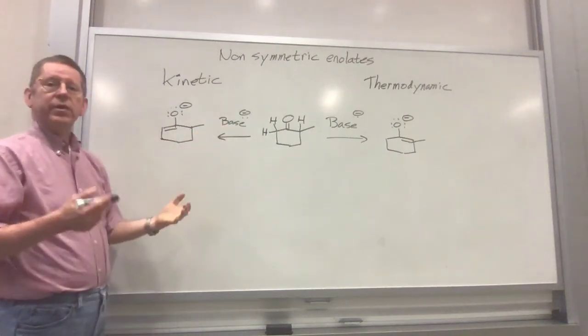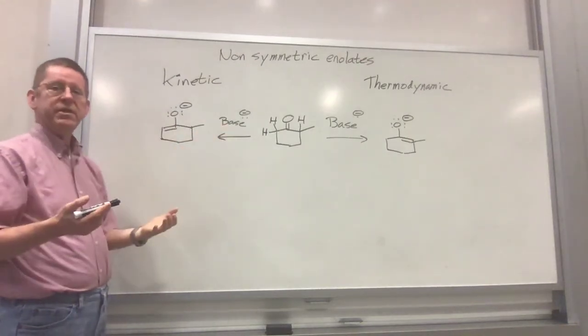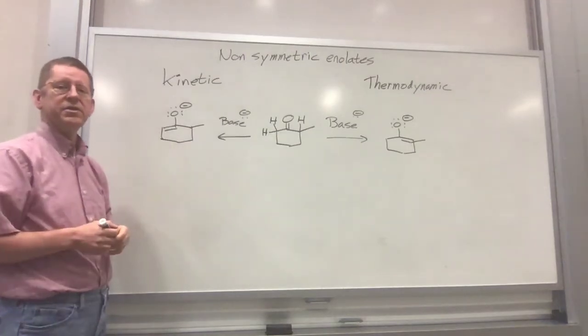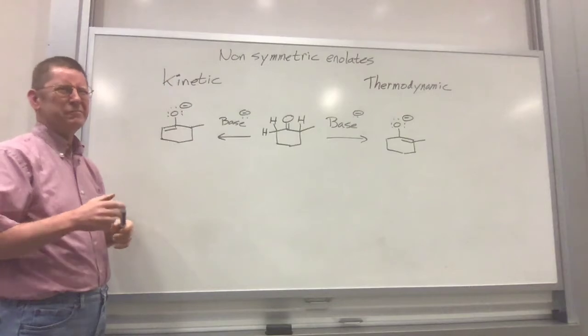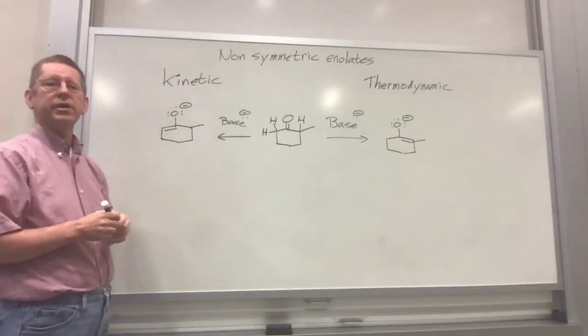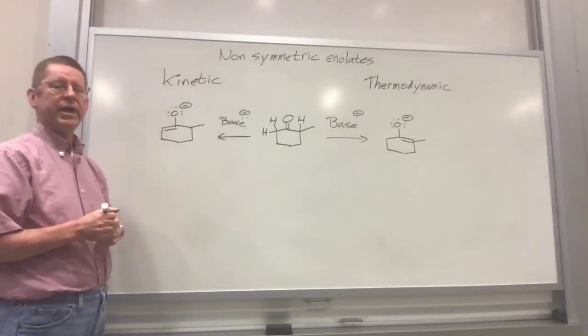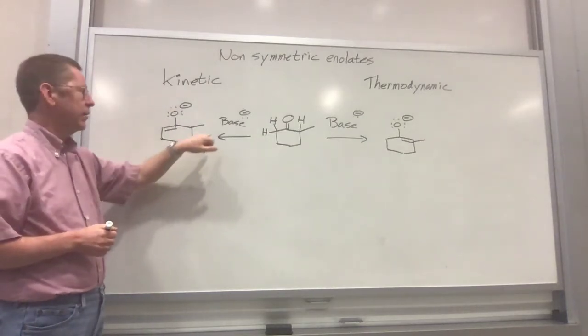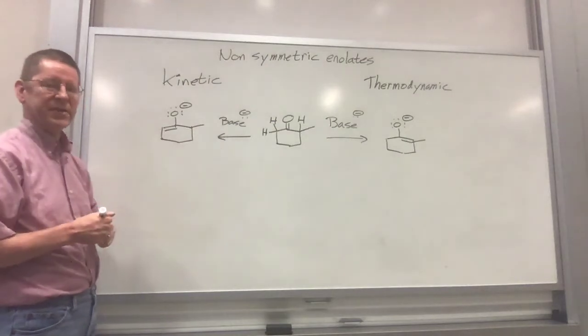In terms of controlling this, we just need to think about how we control kinetics and thermodynamics. And this boils down to two or maybe three general reaction parameters. If we want to make a kinetic enolate, we want whatever's going to form fastest.